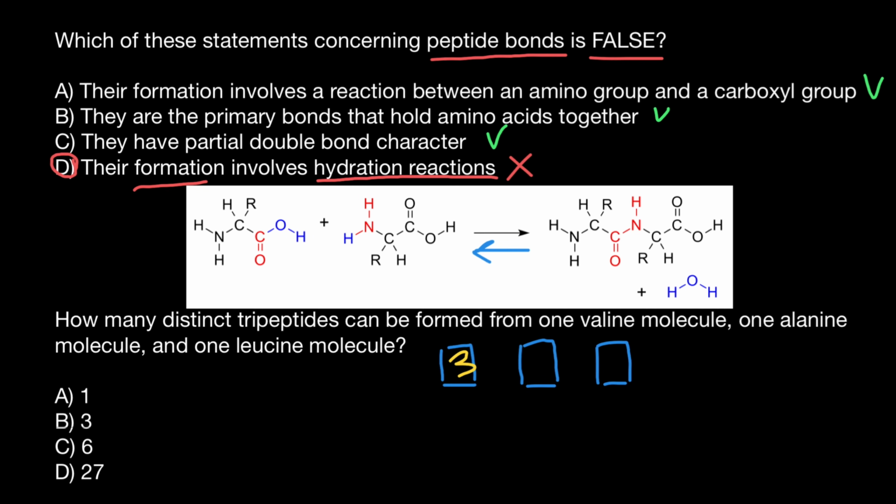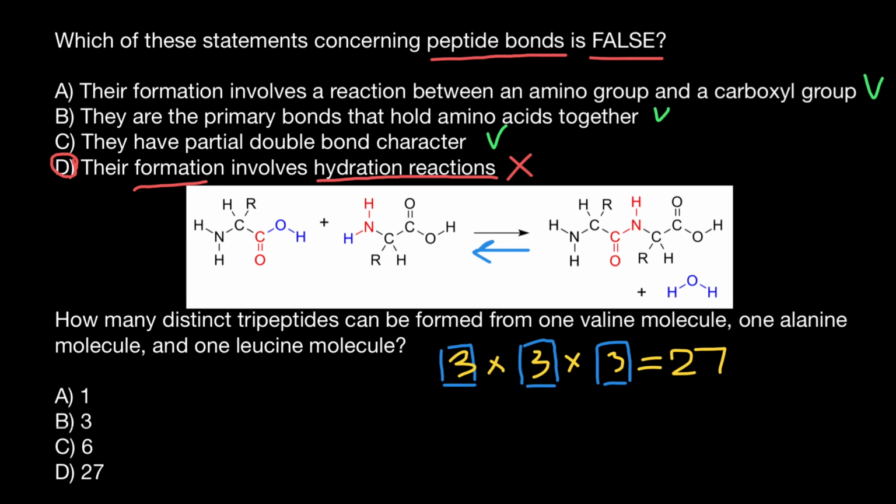And in order to fill the second position we also can choose between three amino acids, so we also put 3 here. And for the last position again it can be valine, alanine or leucine, so we also put 3 here. And we just multiply these 3 variants and we are going to get 27 variants. This is answer D. But this is the wrong variant.